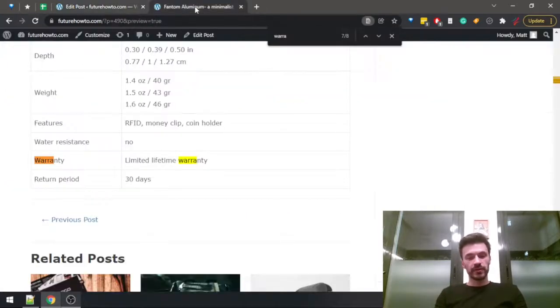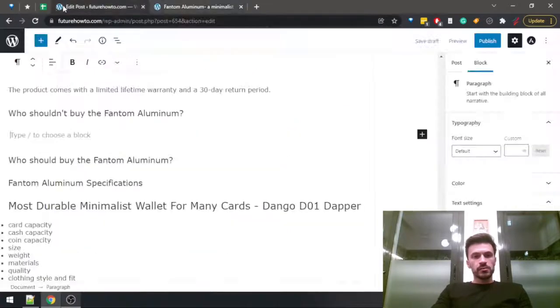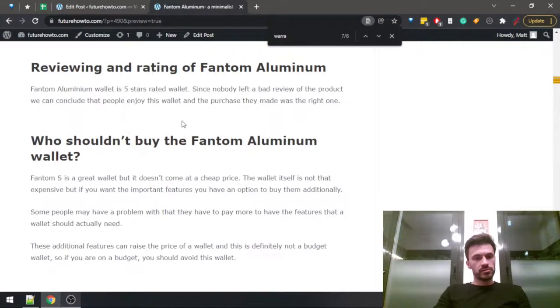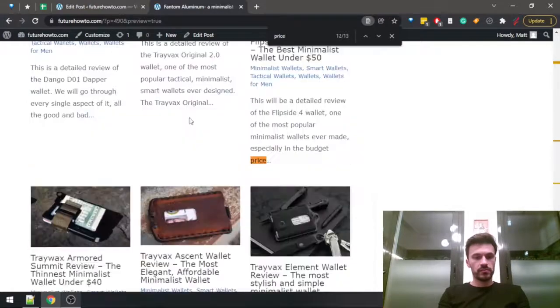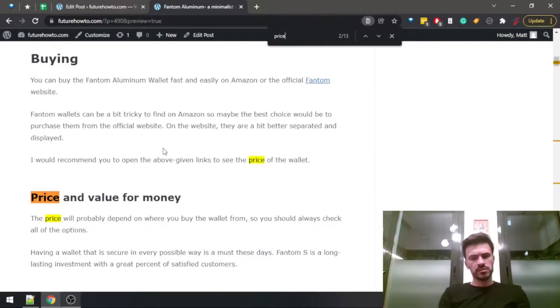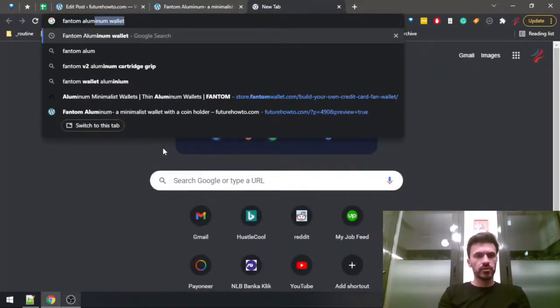Okay, who shouldn't buy? Let's see what we have here. So it's not exactly cheap. Let me see what's going on here. I have some conflicting information.